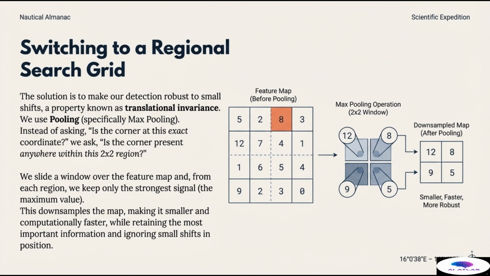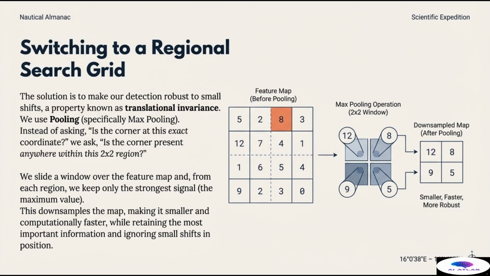The max pooling operation works by sliding a small window, often 2x2 pixels, across the feature map we just created. For every region the window covers, we retain only the strongest signal, the maximum value found within that 2x2 square. This maximum value represents the most confident detection of the feature within that local area.